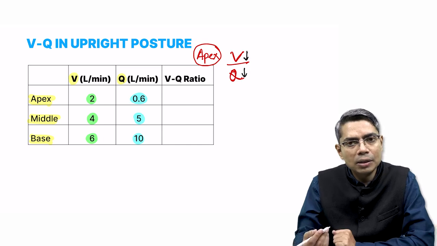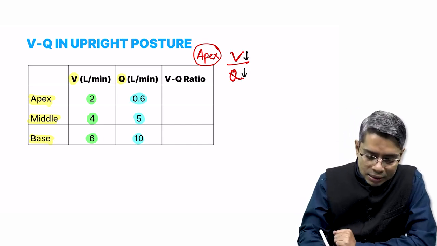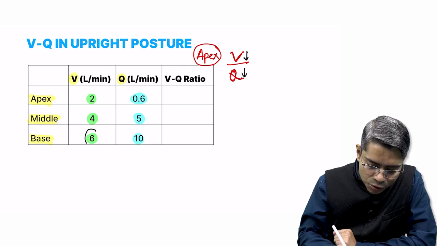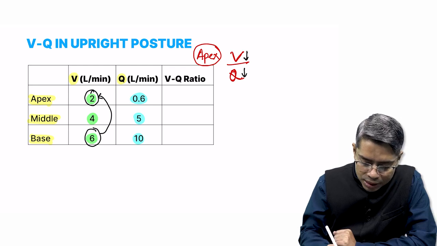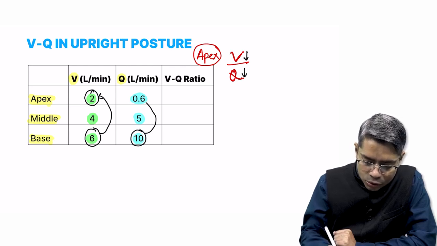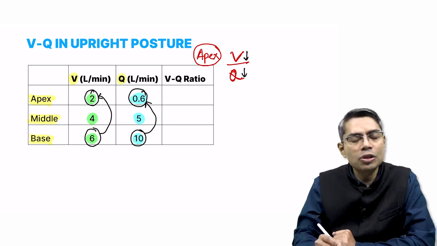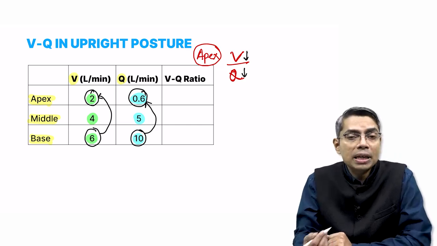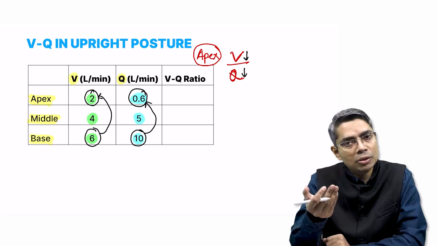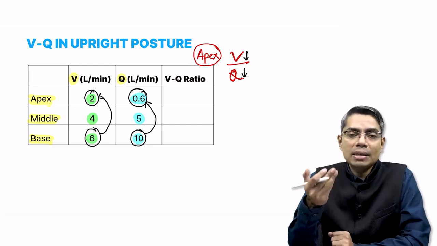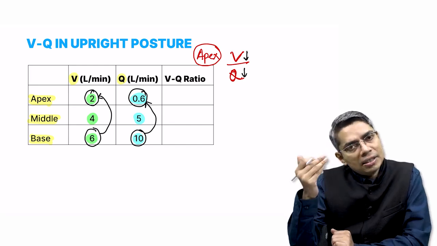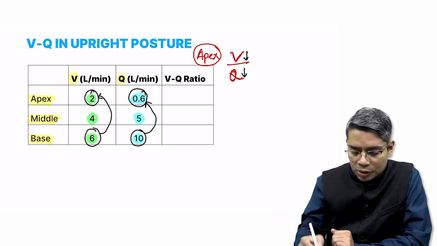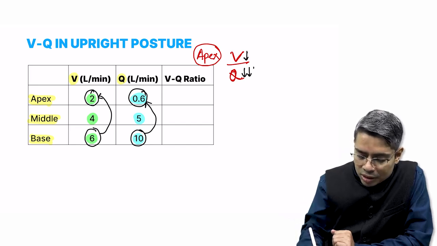But if I look at these two numbers, the ventilation is reduced from 6 liters to 2 liters and the perfusion is reduced from 10 liters to 0.6 liters. So which one is reduced more in the apex? Ventilation is less, perfusion is also less, but which number is reduced more?